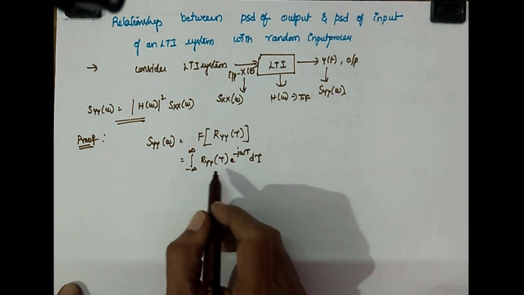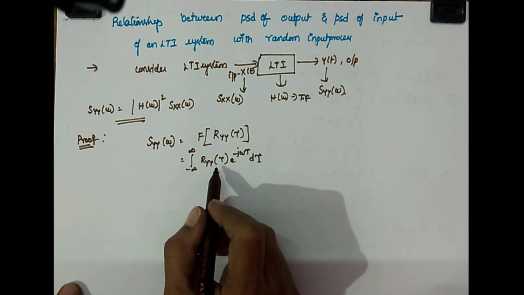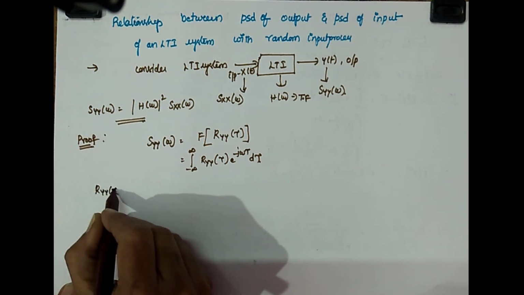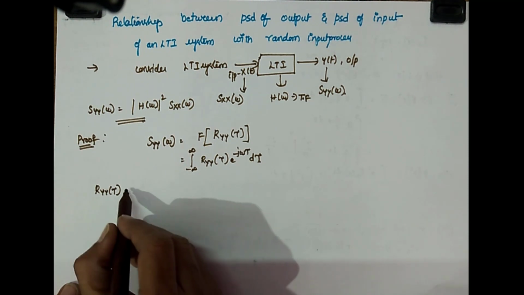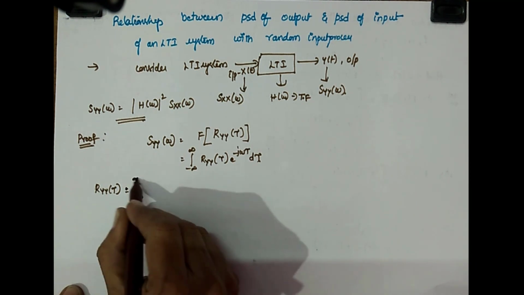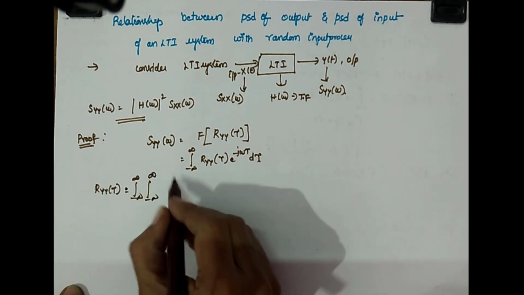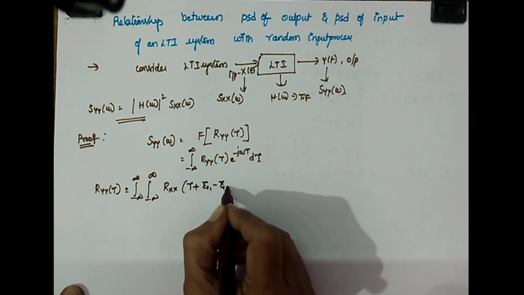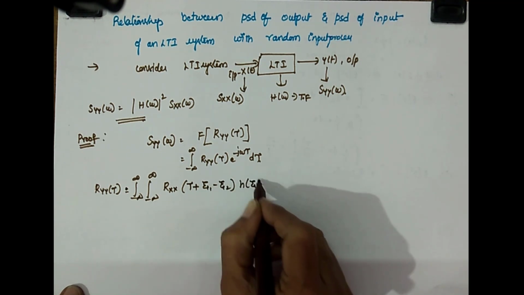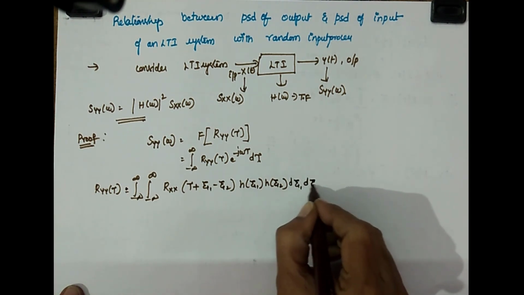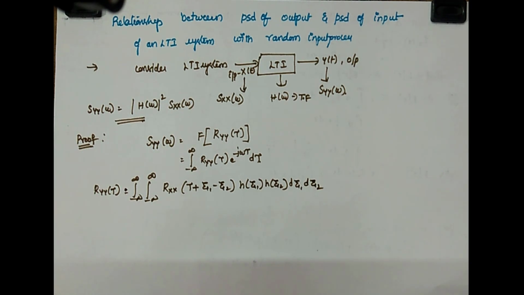And we already derived the autocorrelation function of the output process y of t as Ryy of tau is equal to the double integral from minus infinity to infinity of Rxx of tau plus delta 1 minus delta 2 h of delta 1 h of delta 2 d delta 1 d delta 2.